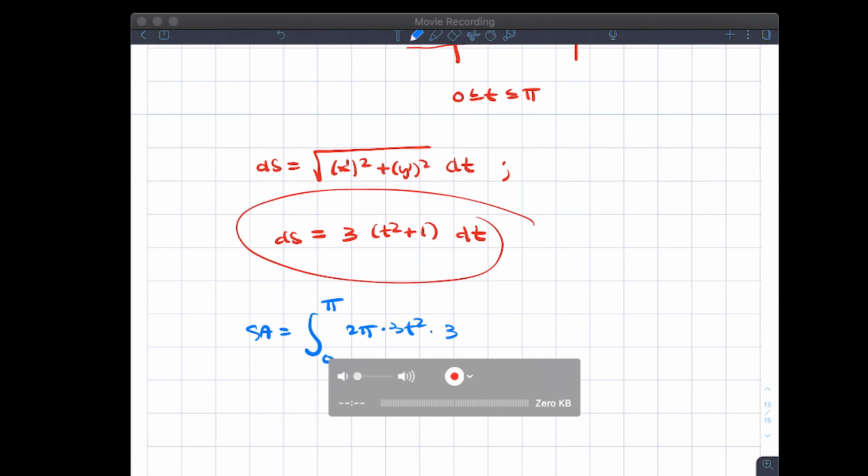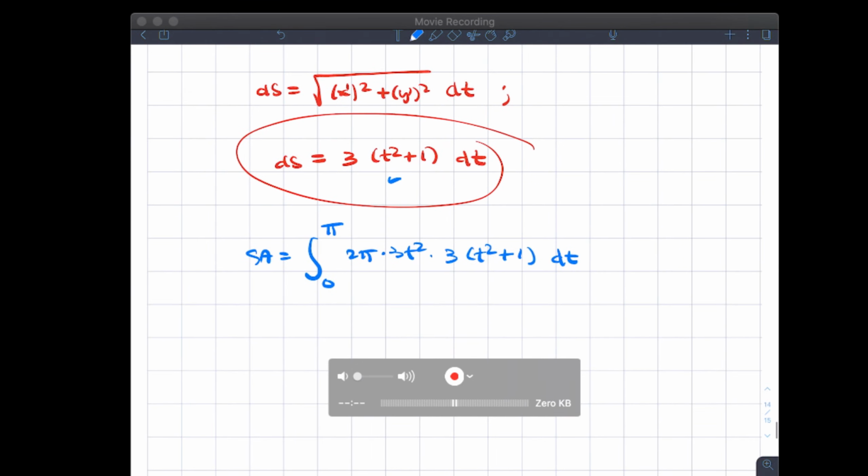Times 3 t squared plus 1 dt. This is the ds I just found. So I'm going to pull out my constants, ladies and gentlemen. I got 2, 3, and 3. And what does that give us? And don't forget the pi. We're going to have this equal to 18 pi over 0 to pi t squared plus 1 dt.